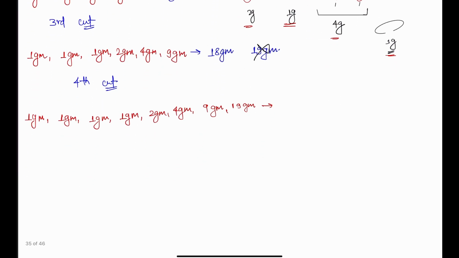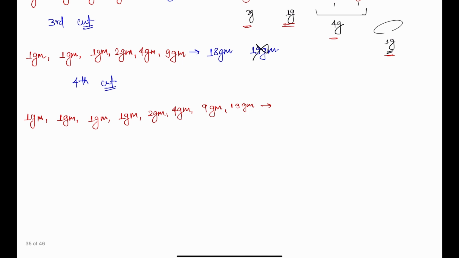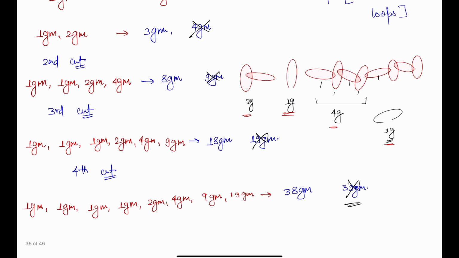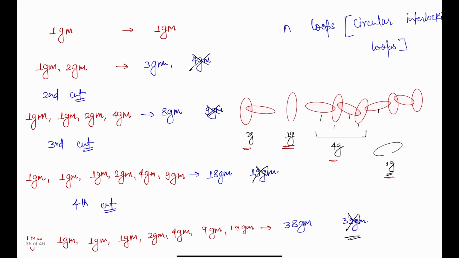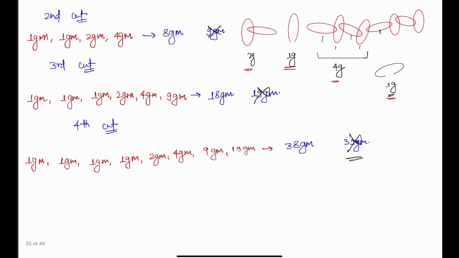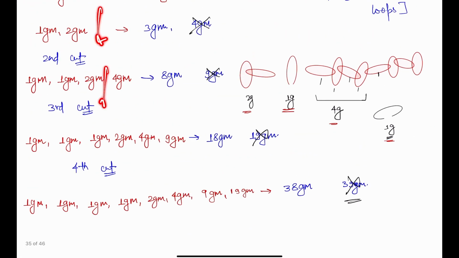We can measure till 38 gram, we cannot measure 39 gram, right? But then, is there any significance for the right side of the part? No, we didn't care, we just tried to move slowly in only one direction.